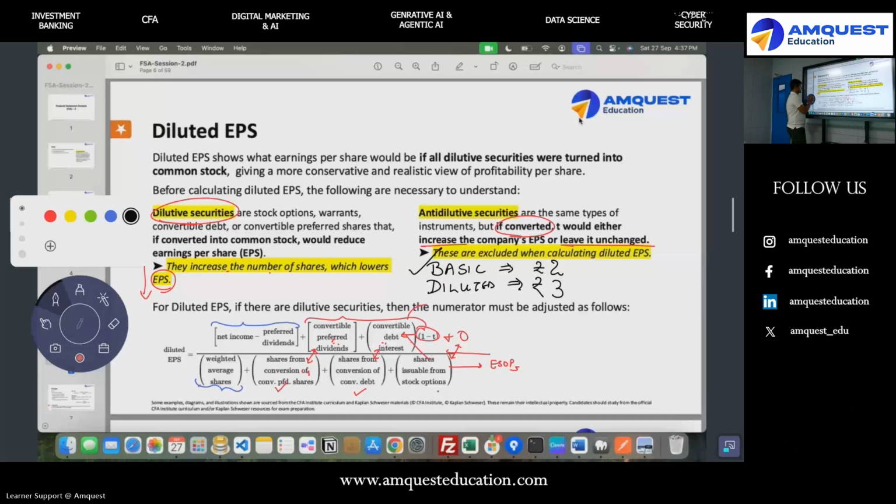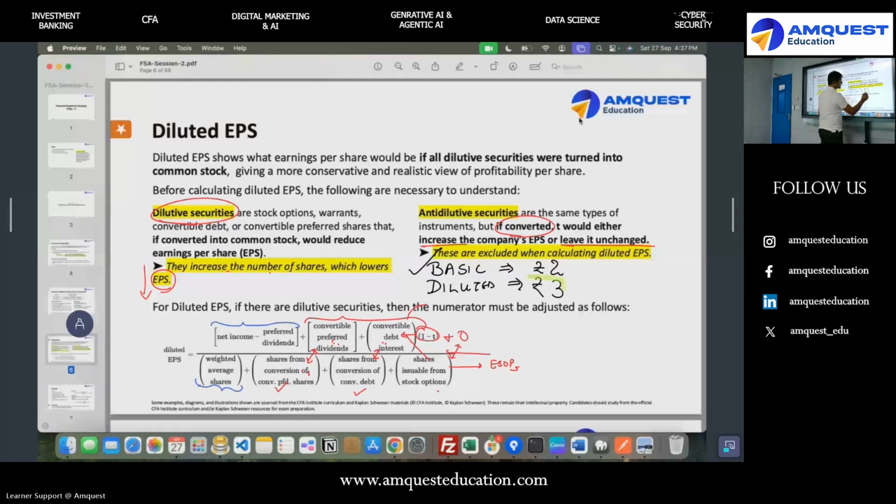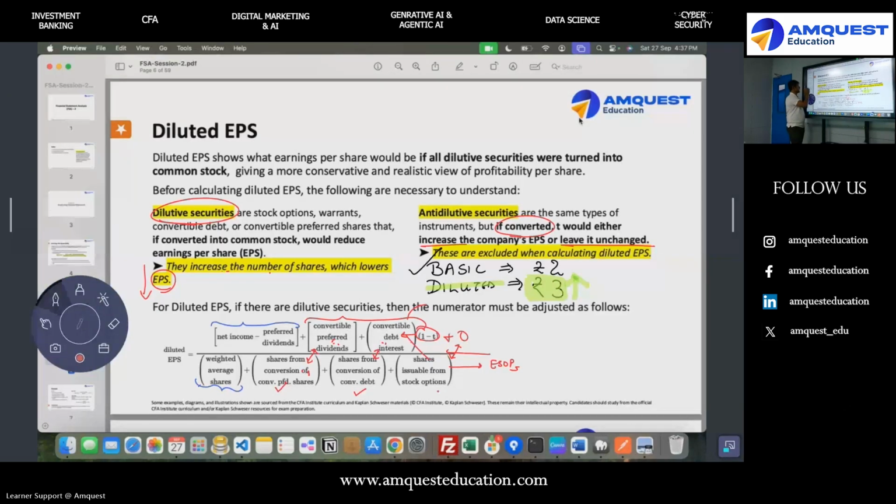You say, my friends, your diluted EPS is 3 rupees. This is what the maths is showing. But is it really diluted? 3 is in fact going up. 3 is not going down, right? So how can I call it diluted? It is anti-diluted. Understood? 3 is anti-diluted.